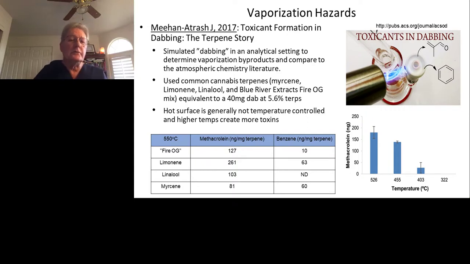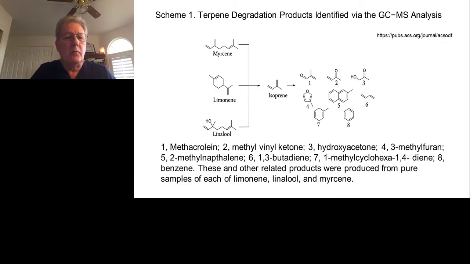Now, Dr. Marcoux is going to be talking about inhalation and vaporization, and so I'm not going to spend much time on this, but I did want to make you aware of some of the key points surrounding vaporization hazards. One of them is temperature and its influence on breaking down, for instance, terpenes in this particular study, where myrcene, limonene, and linalool will break down under certain temperatures.